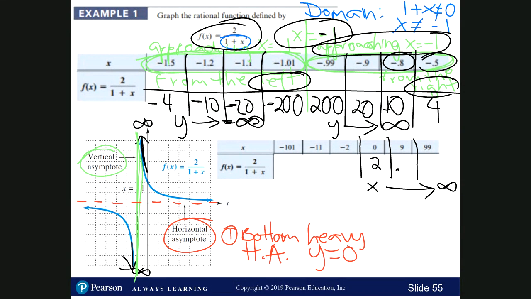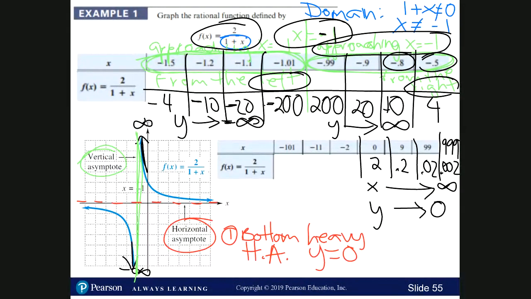For x equals 99, it will be 0.02. And so you could see that the y values are getting smaller. If we were to put a 999 here, the y value will be 0.002. And so they are getting smaller, but they're not going to become negative. In fact, they're just going to approach 0.